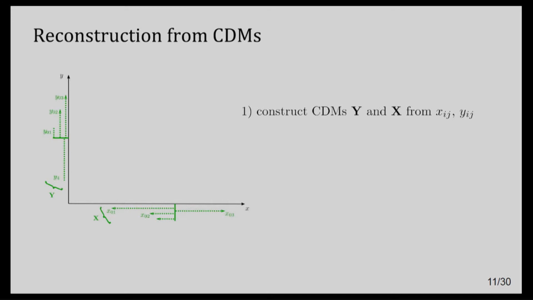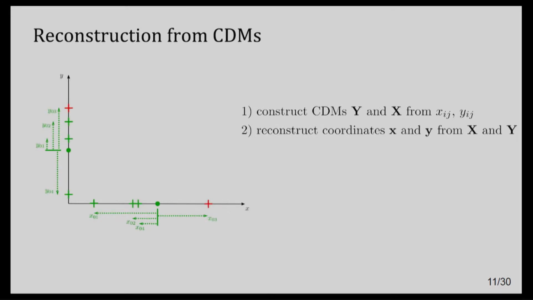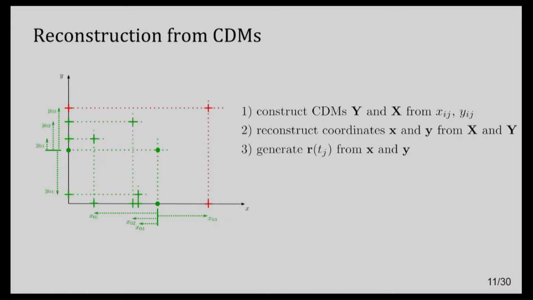So you construct CDMs, and then you get the coordinates from the CDMs, where you had to fix one point because it's invariant to translation. So you lose this degree of freedom. And then generating R from X and Y here is super trivial. Those are basically the coordinates of your points.